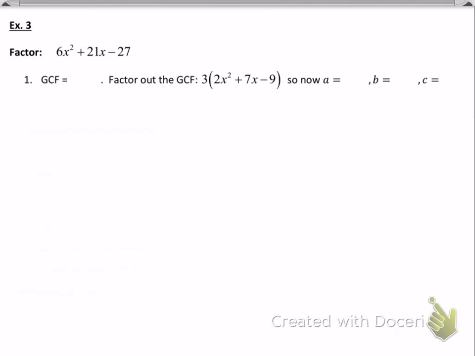Okay, first of all, what I've been saying is you need to find a GCF first, okay? Is there a GCF here? Yes, there is. It's a 3. So pull out a 3 from all of this, and so you get 3 times the leftovers, 2x squared plus 7x minus 9, okay? I'm going to hold off on this 3, and it'll come back a little bit later, but I just want to focus on this guy, 2x squared plus 7x minus 9.